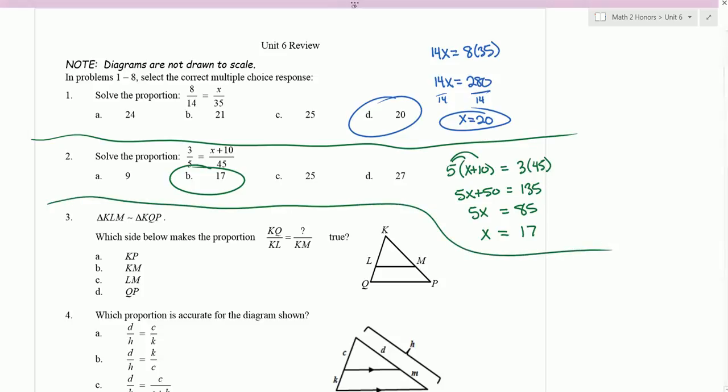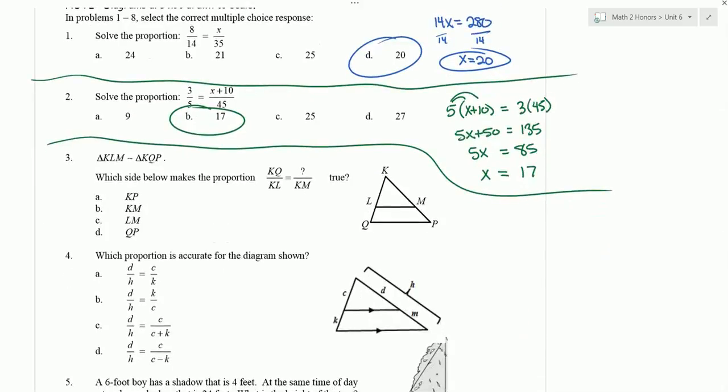Number 3, we have two triangles that are similar to each other, and it's asking which side below makes the proportion. So KQ, that's the first two letters from the second triangle, over KL, which is the first two letters of the first triangle.